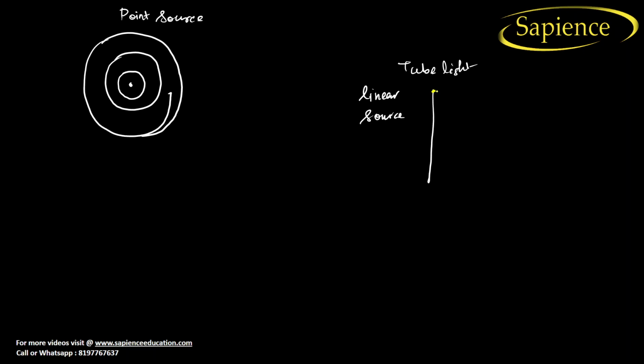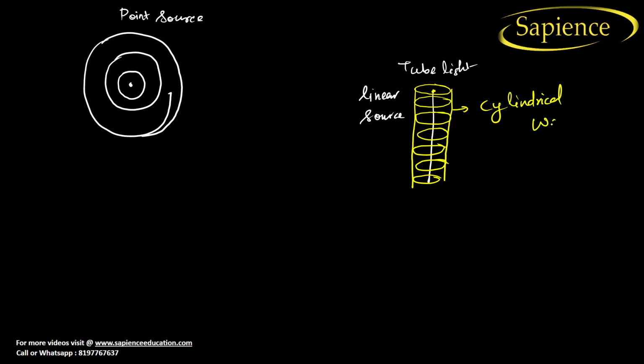See here, every point source will create a circle like this, and when you take a tangent on these, you will get a cylindrical wavefront. The front part of the wave, suppose the wave is coming in front of you, is known as the wavefront.